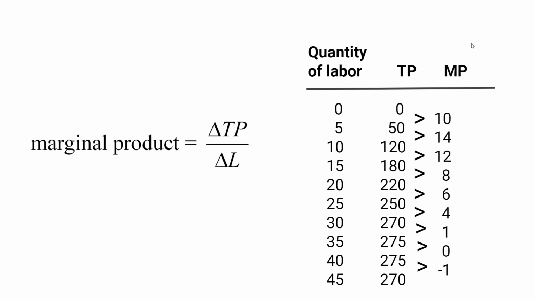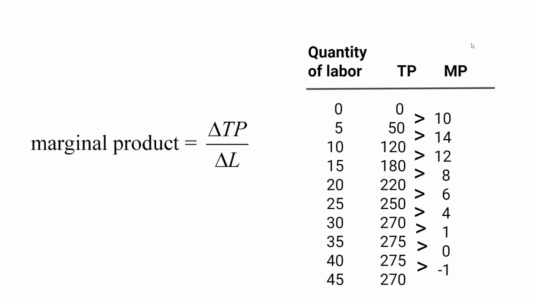Now, I filled in the rest of this table. When you go from 0 to 5 units of labor, output rises by 50. So we get a change in output of 50 divided by 5, which is just 10. When we go from 5 to 10 units of labor, output rises from 50 to 120, which is 70. 70 over 5 is 14.